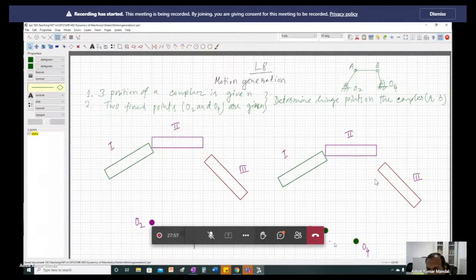For position 1 we have this O2 O4, but let us now copy this position 2 O2 O4 for position 2.